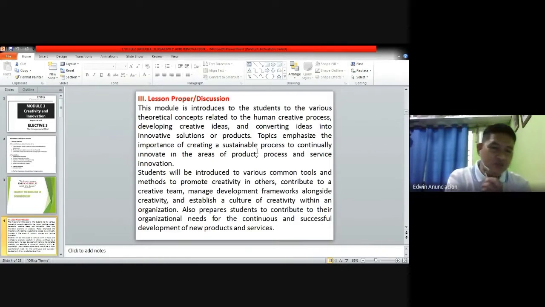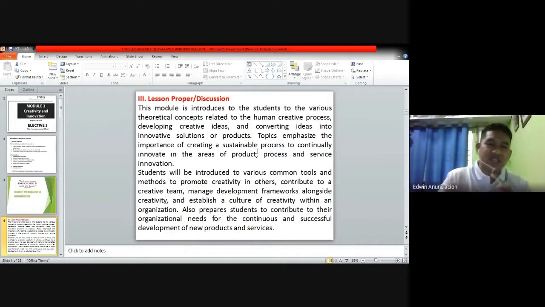Being the highest form of animals according to science, we tend to develop creative ideas, di ba? We are creative human beings or creative creatures. And then these ideas will be converted into innovative solutions or products.